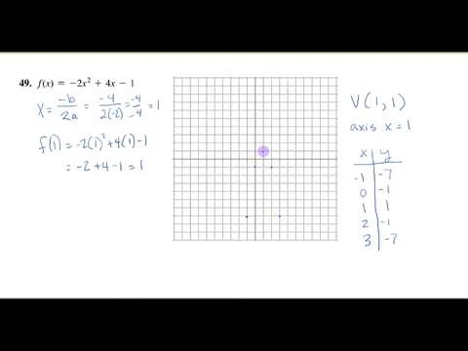So you can see our parabola is opening down, and it's also narrower than our standard y equals 1x squared type of parabola. Let's find our f of negative 2 and f of 3.